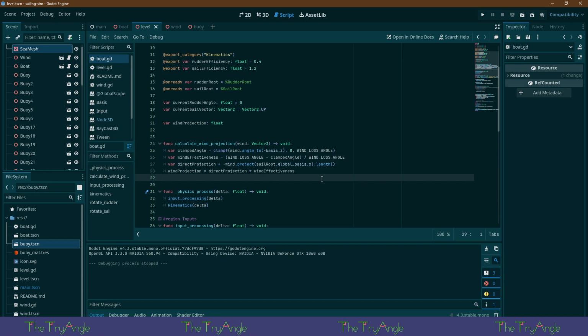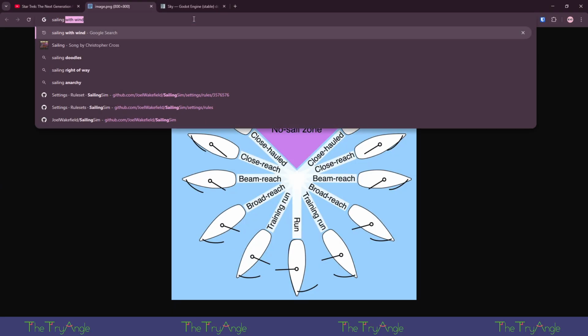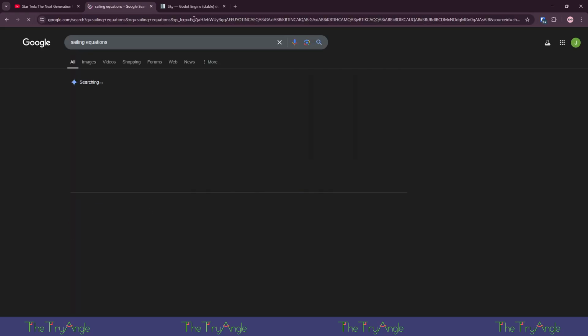It's like I'm trying to separate it by parts, but maybe they all need to be calculated as one big thing. You know what we should have done? I should have looked up the math on this. Because realistically, there's probably equations, yeah.